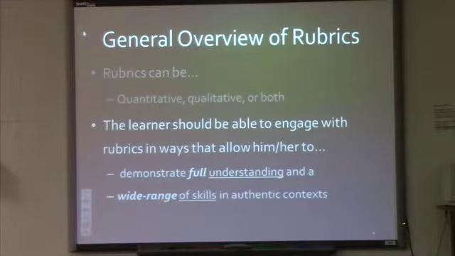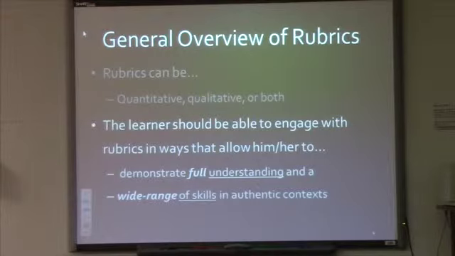The learner should be able to engage with rubrics in ways that allow him and or her to demonstrate full understanding and a wide range of skills in authentic contexts. Think about this in two ways.